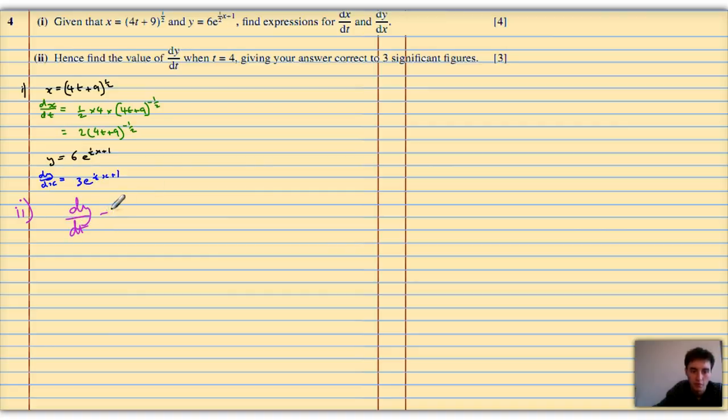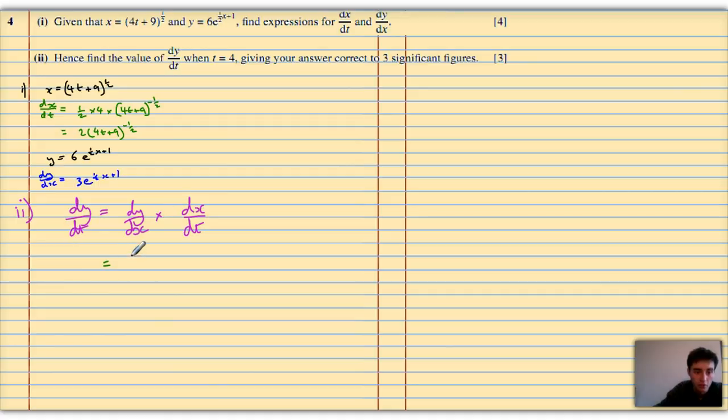And using the chain rule, we know that dy/dt is dy/dx times by dx/dt. And from part 1, we know dx/dt and we know dy/dx. So we can just use our expressions for dy/dx and dx/dt now.